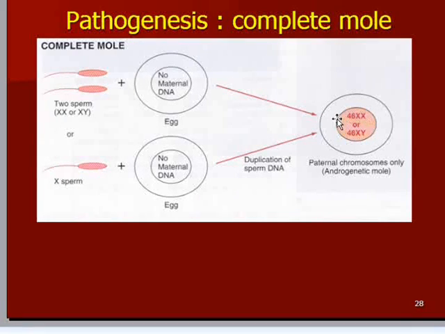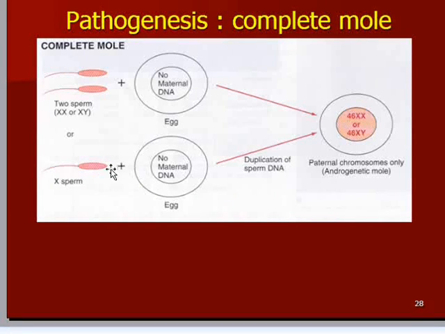Very weird, isn't it? So this cell contains only paternal chromosomes, only from the father. Naturally, it cannot produce any baby, and this mole is known as androgenic mole.